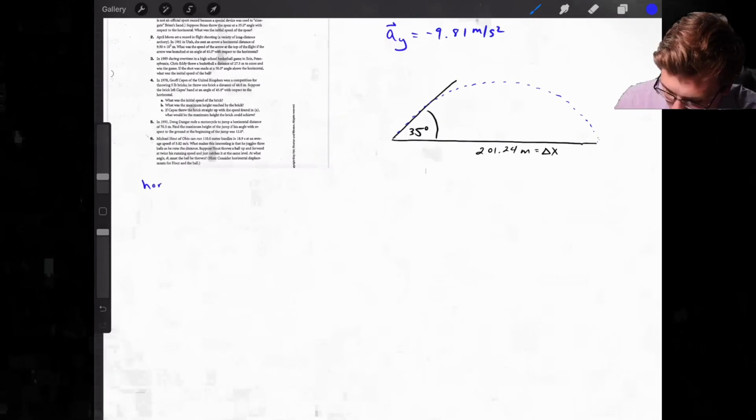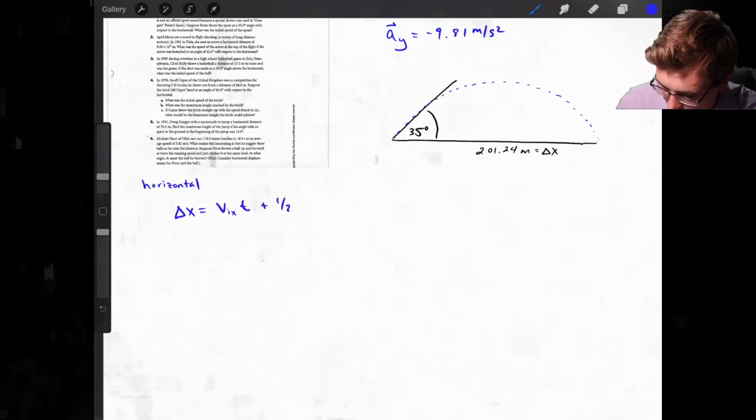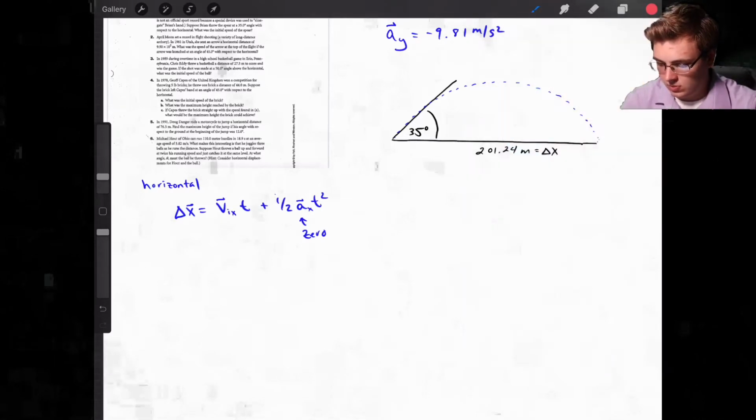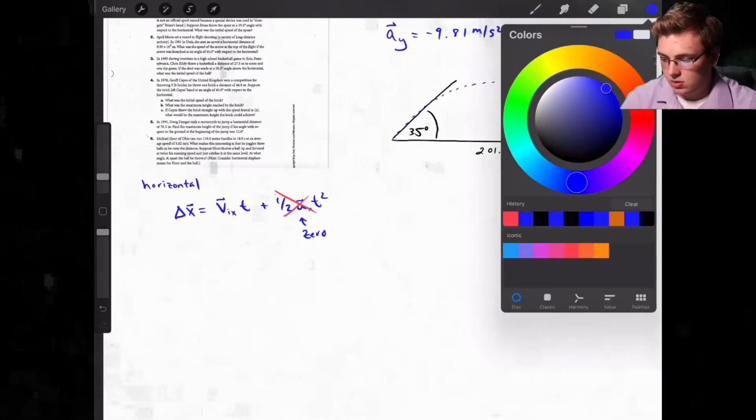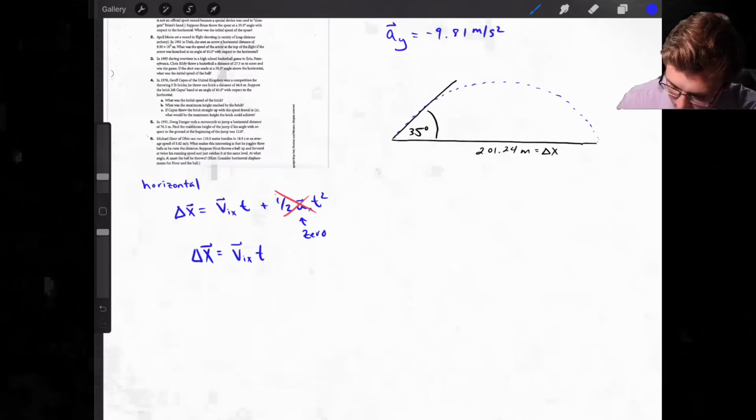So I'm going to start in the horizontal direction. Change in x equals v_ix t plus 1/2 a t squared. Now my acceleration in the x direction is just 0, so this whole thing goes away, leaving us with change in x equaling v_ix times t.